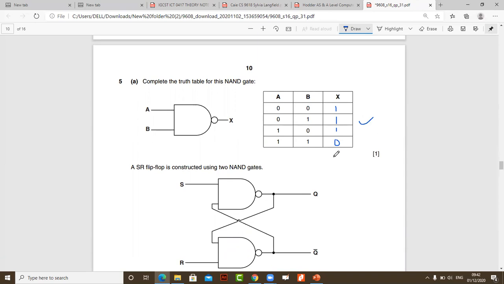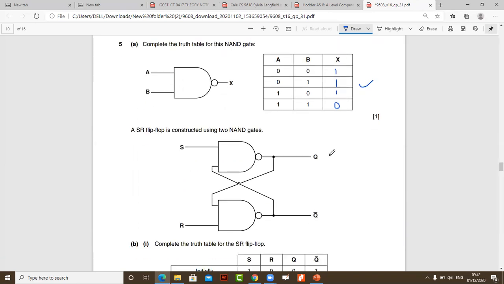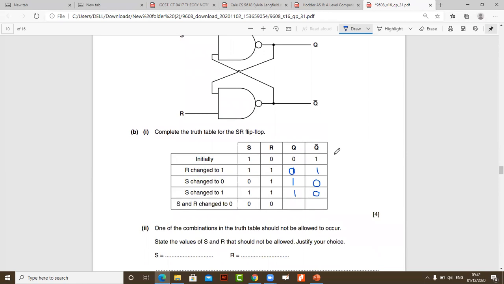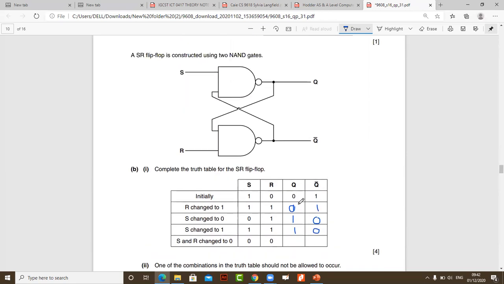Yes or no? NAND गेट की बात करें, NOR की बात नहीं कर रहे. तो if both are 1 then it's 0. If any one of them is 1, तो फिर क्या होगा? Think again.